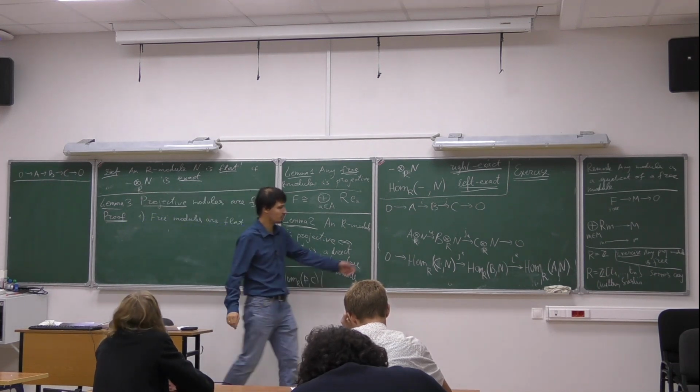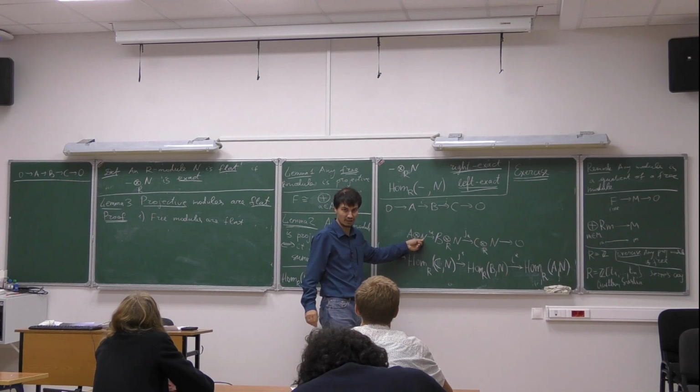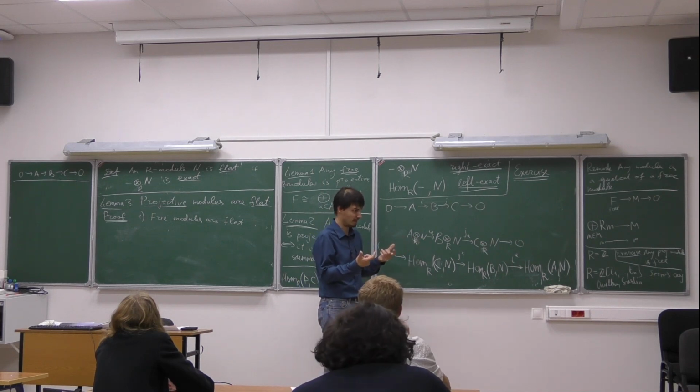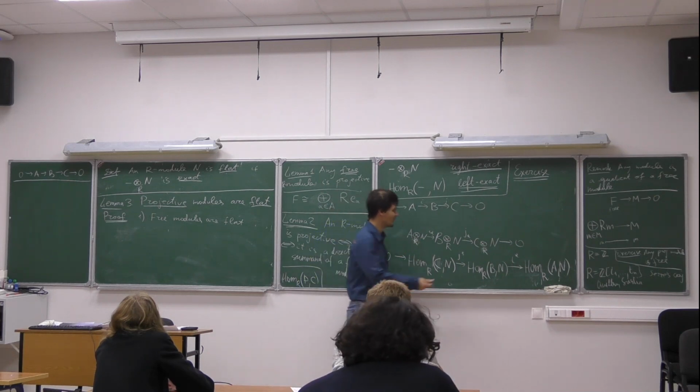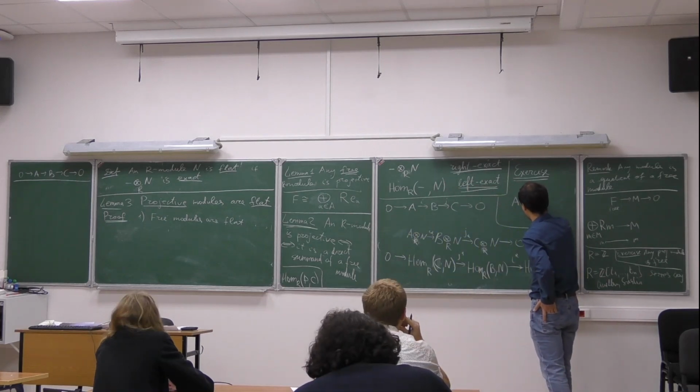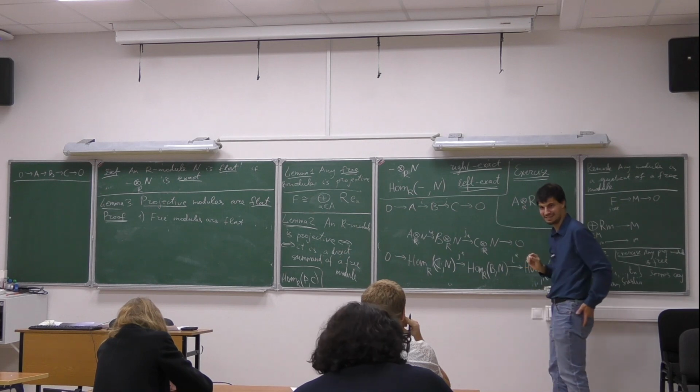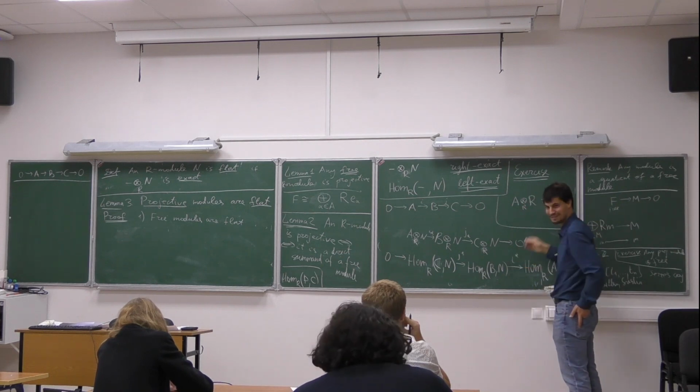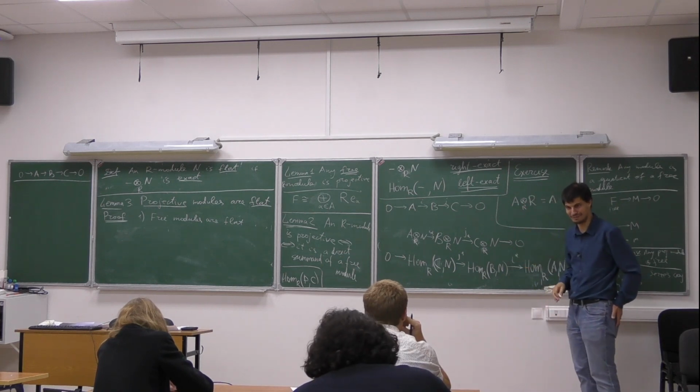If this module N is free, then it's easy to see that any module A tensor product with R is just A itself. It's a trivial observation.